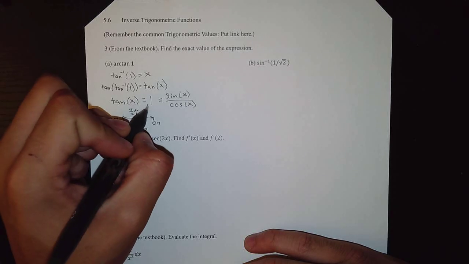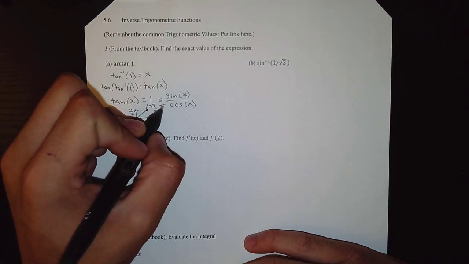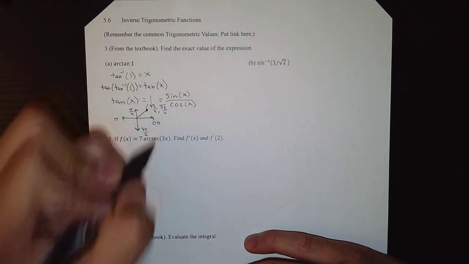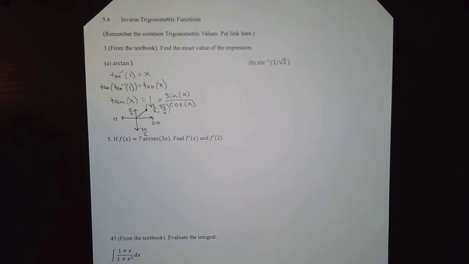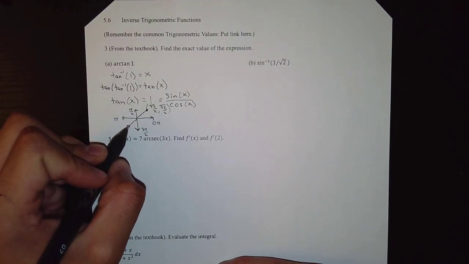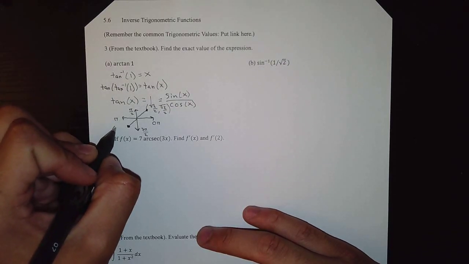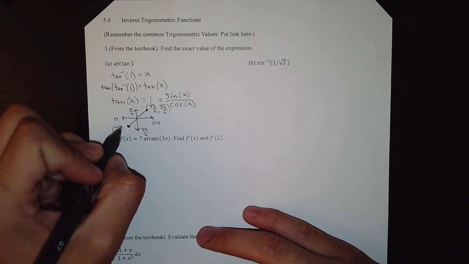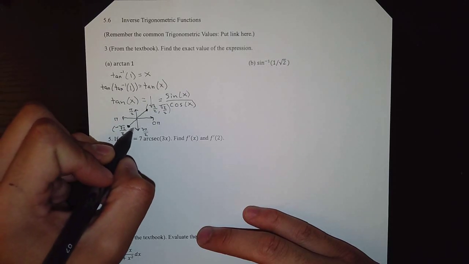And the values would be the square root of 2 divided by 2 for both sine and cosine. And this would also work in this quadrant, because if sine is negative and cosine is negative, then tangent still becomes positive.